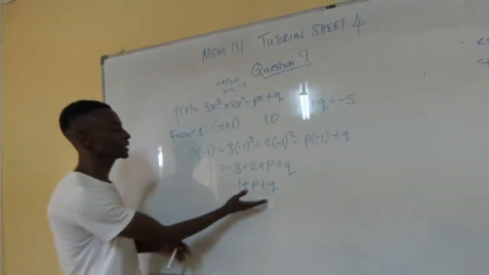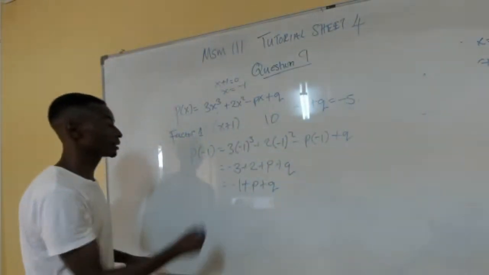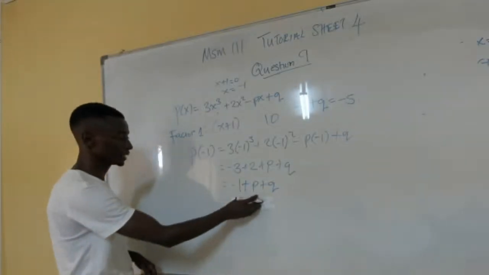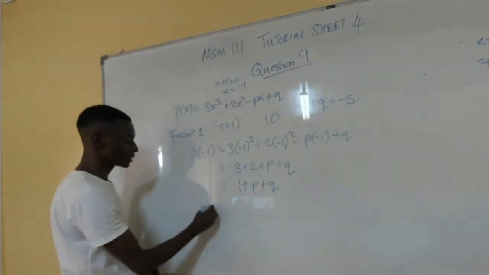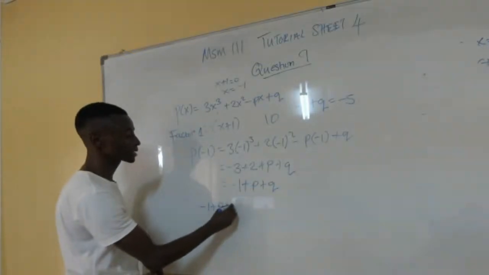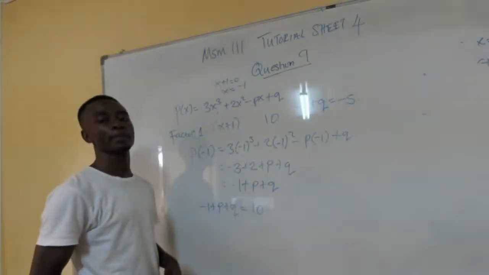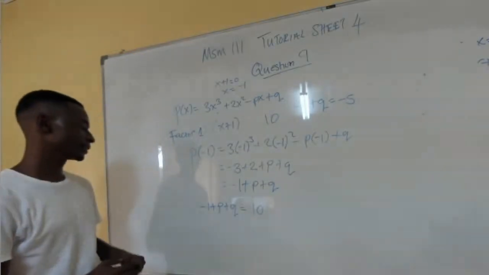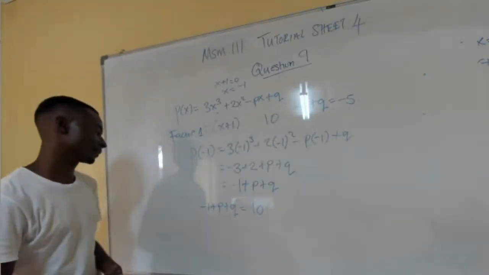So now you equate this expression to 10. We're getting negative 1 plus p plus q equal to 10.